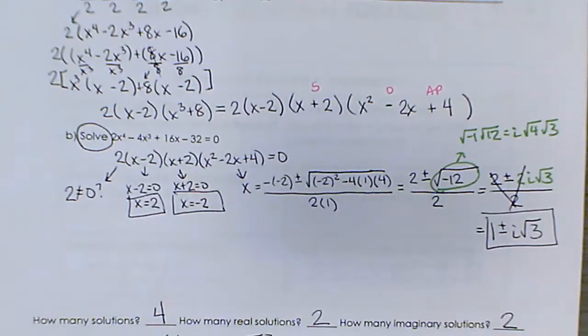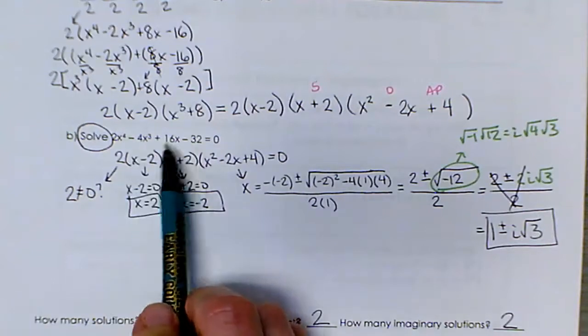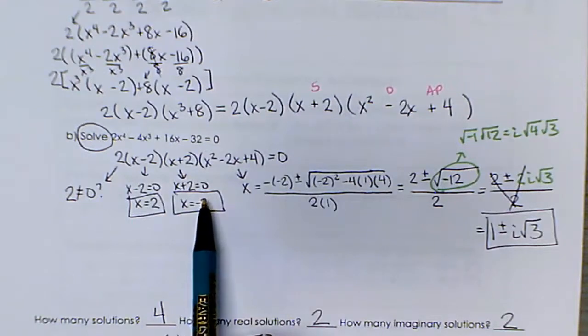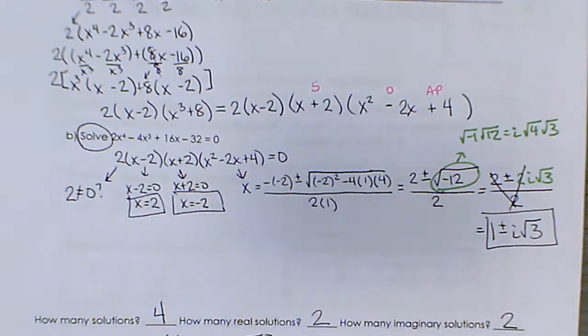So our process has been to factor, and then to set each factor equal to 0 and solve. Well, now we need to go backwards. We need to set each of our solutions equal to x, and we need to move it over so that it equals 0, and those will be our factors.